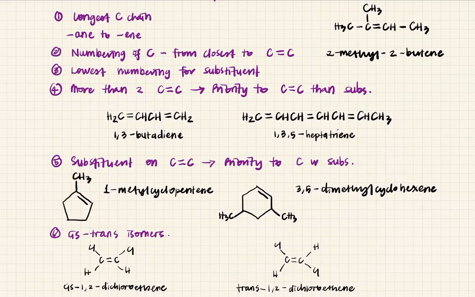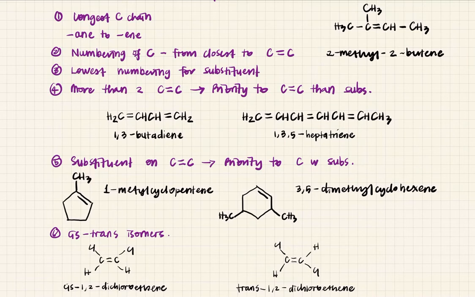But right here you have a substituent on this carbon of your carbon-carbon double bond. So that means your carbon number 1 will be this carbon. So your answer will be 1-methylcyclopentene, right? So for cyclic, your carbon-carbon double bond will always be number 1, okay.